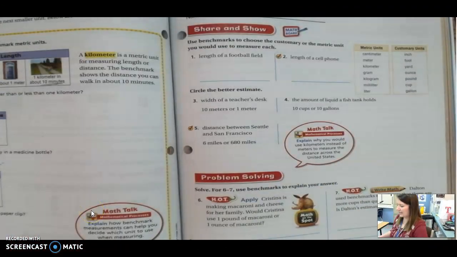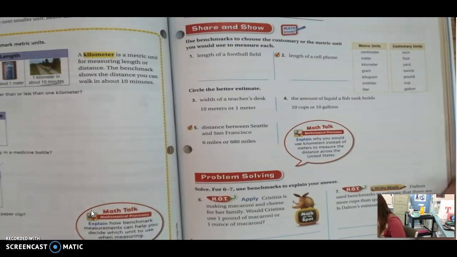Is it going to be like 4 feet, or 4 inches, or 4 miles right off the ground? Just think reasonably. Well, it comes up to like your hip, should be about 4 feet. So that's what I want you to be thinking when we look at some of these questions.